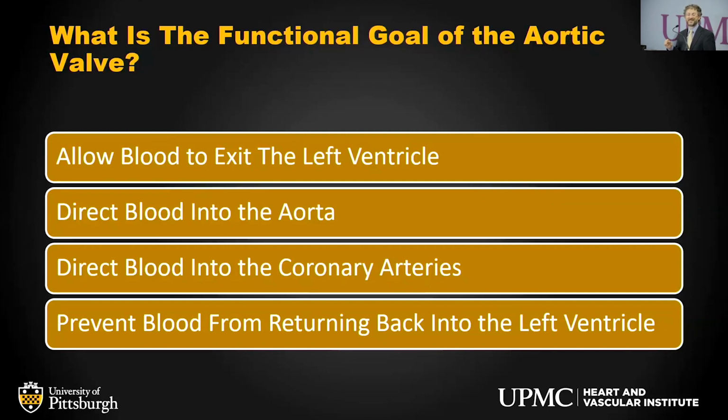Three, I'm a cardiologist, so I have to think about the coronary arteries and allow blood flow to go backwards into the sinus and then direct it into the coronary arteries. And lastly, prevent that blood from returning all the way back into the left ventricle. Obviously, if the valve is misshapen for some reason, a number of these standard functions may become pathologic.